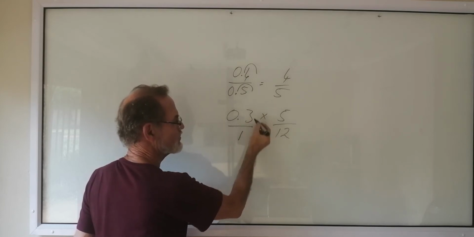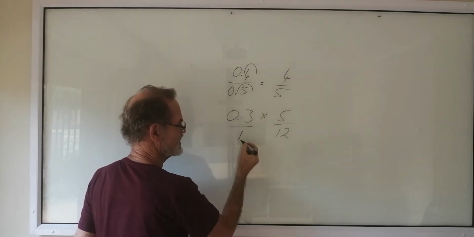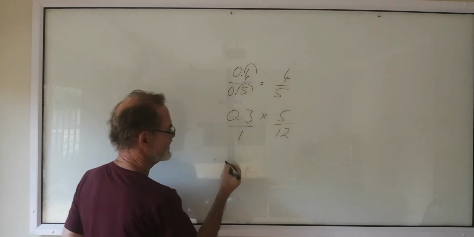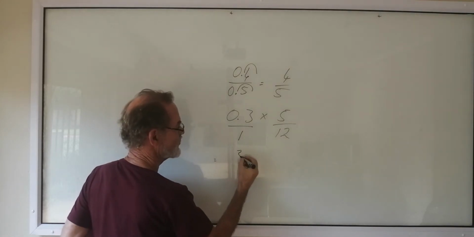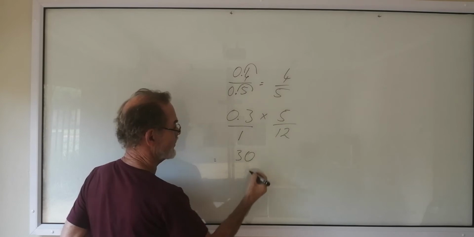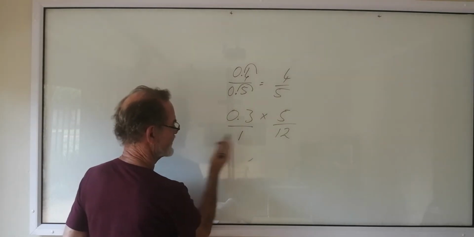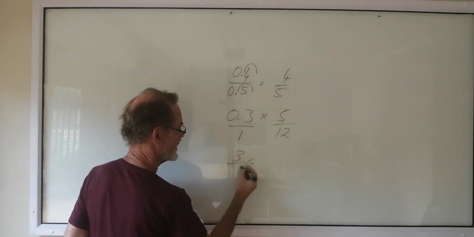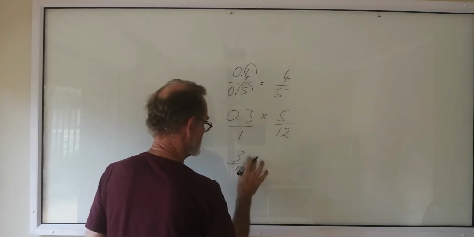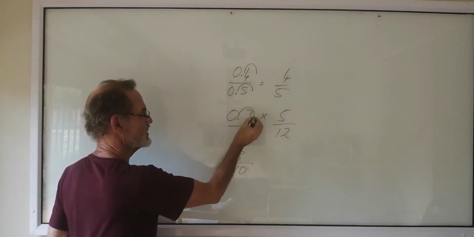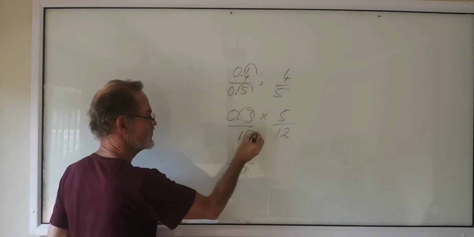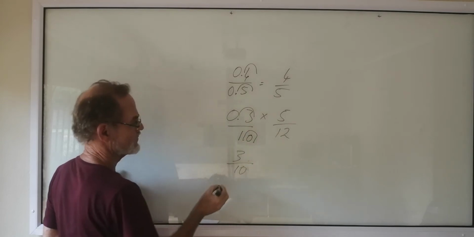So in other words, we're multiplying by 10, then we've got to multiply this by 10 as well. So our answer is then 3 over 10. Multiply that by 10, and this point moves 1 that way.